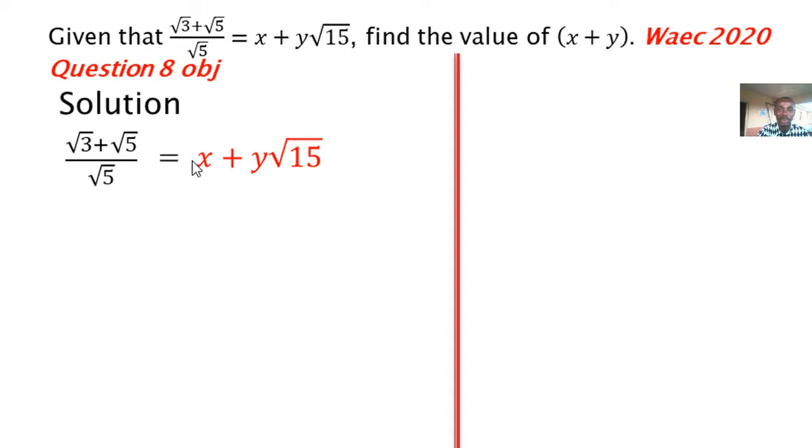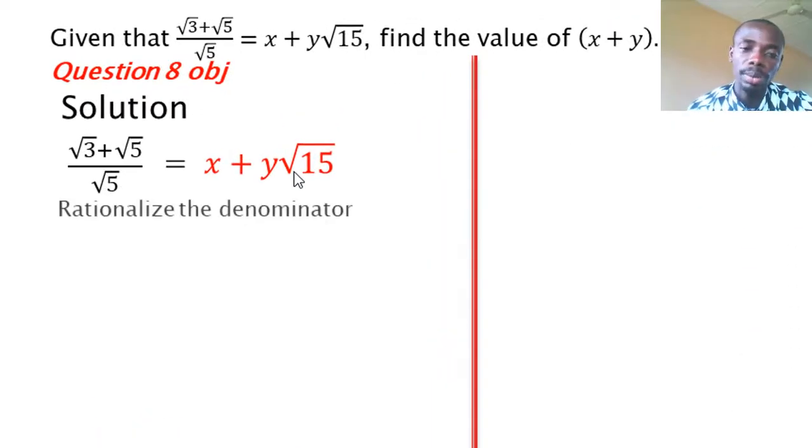Then later you express your answer in form of x plus y root 15. Okay, again you rationalize this, you get your answer, then you later transfer your answer in this format. So after that, there's going to be what your x represents, there's going to be what your y represents. Then after that, just simplify x plus y.